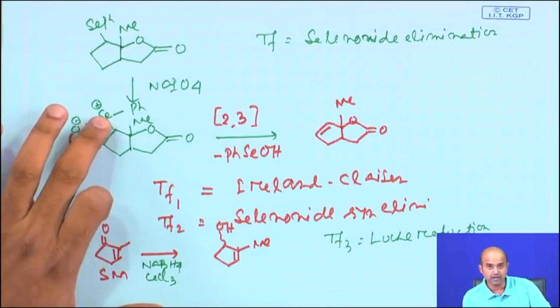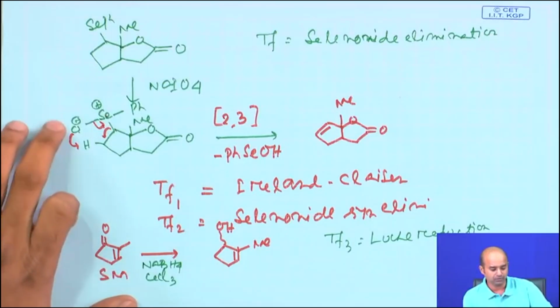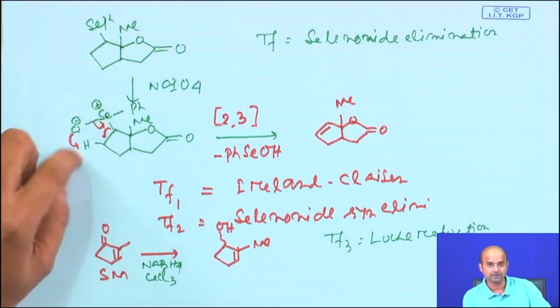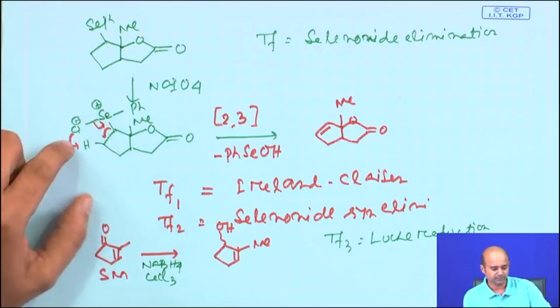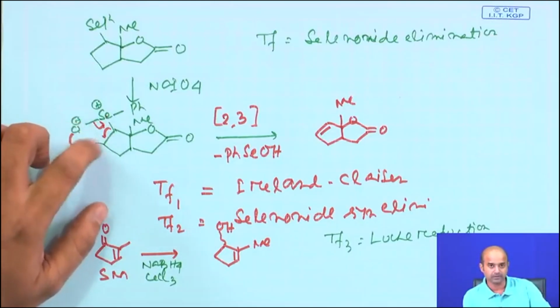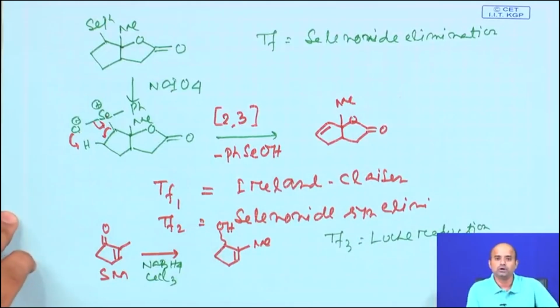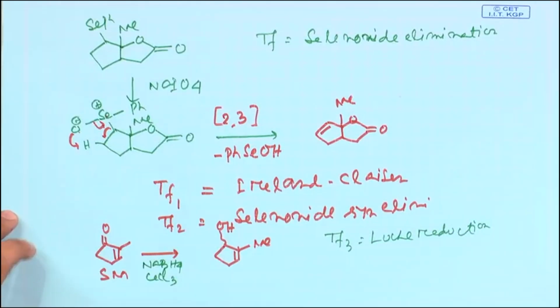First you need to oxidize the selenium through a proper oxidizing reagent like sodium periodate, then you make sure the 2,3 sigmatropic shift takes place. It is a thermal reaction, this O minus abstracts this hydrogen and the electron shifting is this way, you get the particular target molecule which is desired for this transformation.